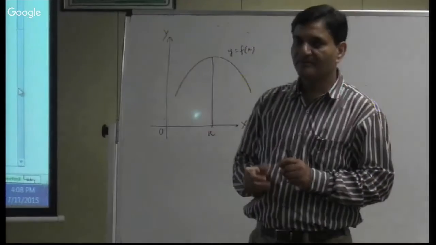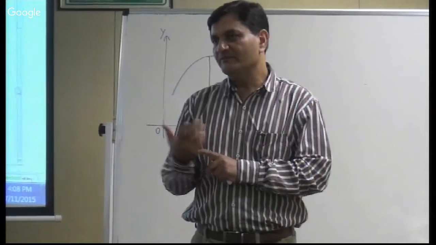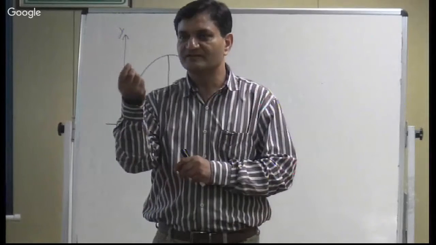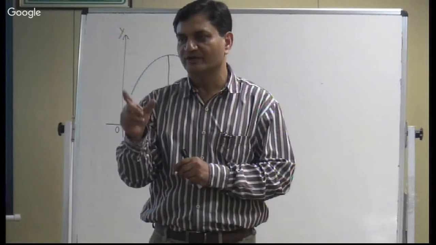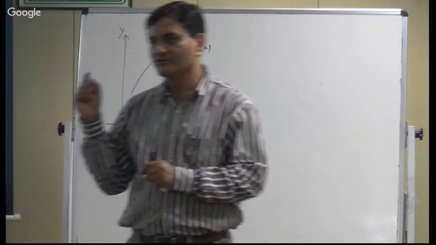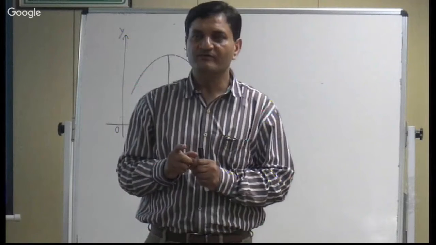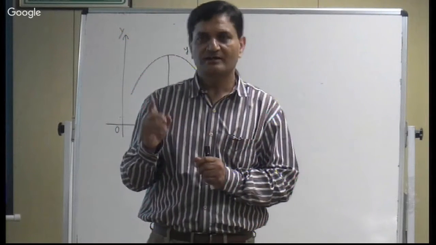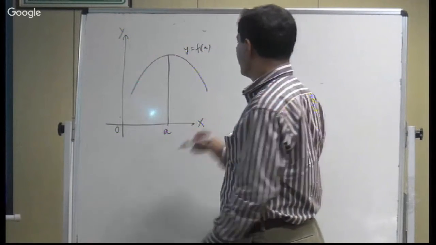Is that clear? So the second derivative test is simpler to apply, because you don't have to substitute values which are slightly less or slightly more. You have to substitute that particular point only. So if the first derivative is equal to 0, and the second derivative comes out to be negative, then it is a point of local maximum. Similarly, x equal to a is a point of local minima.